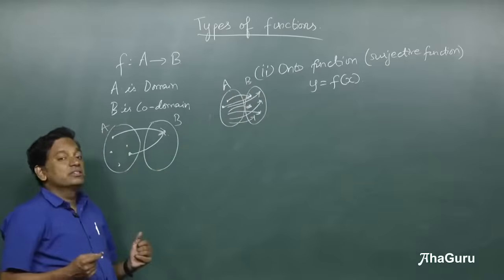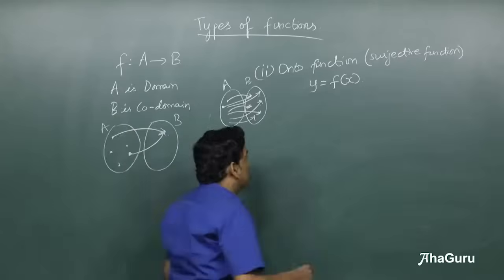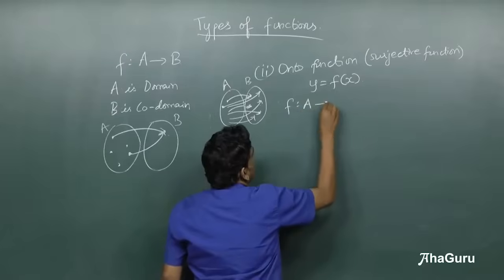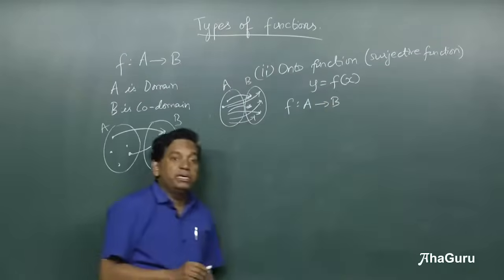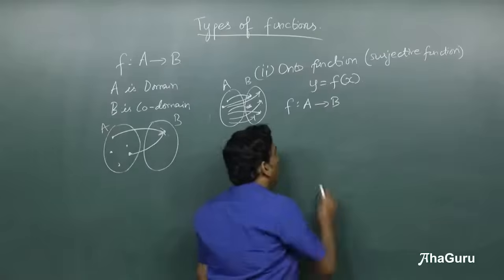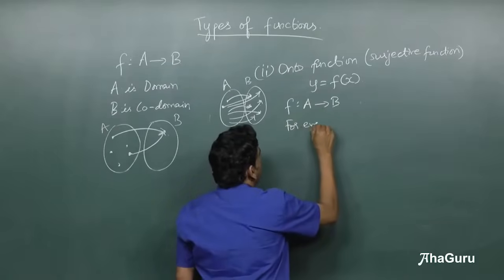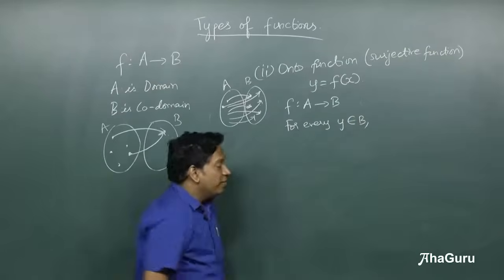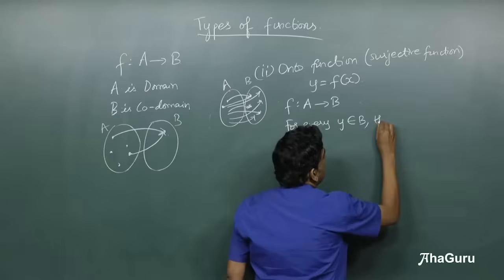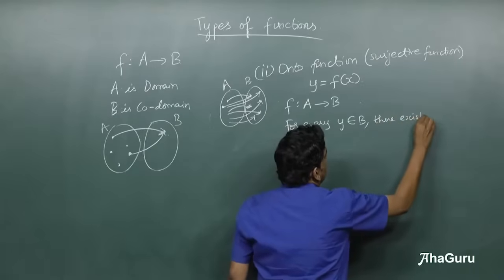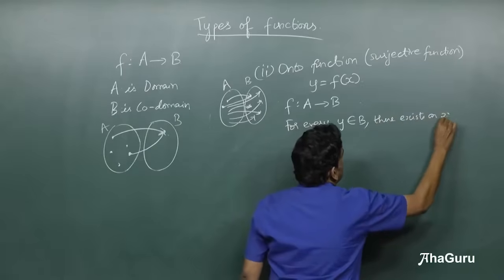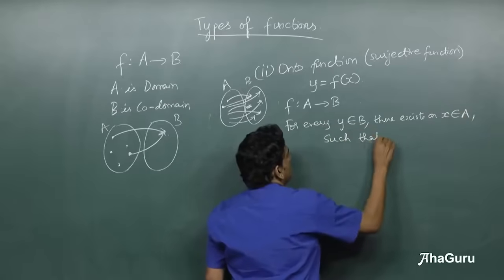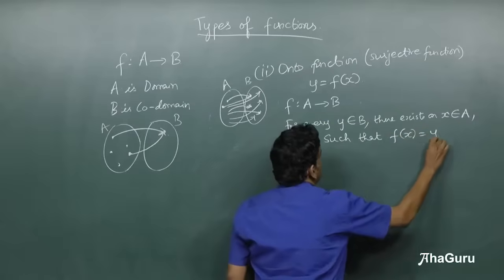How do we check if a function is onto? Well, what we are going to say is, if the codomain, suppose you say f is from set A to set B, so codomain is set B. Now for every y belonging to B, we should be able to find that there exists an x belonging to A such that f of x is equal to y.